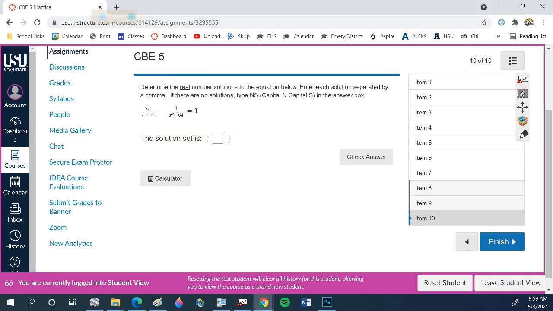I'll do number 10 again. So I need to factor this, which is x minus 8 times x plus 8. So the left side needs x minus 8.